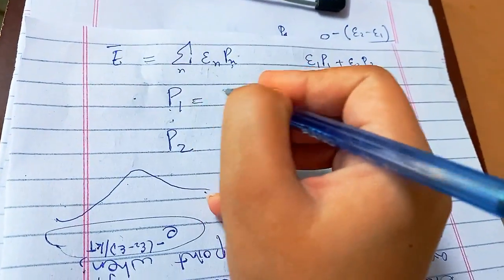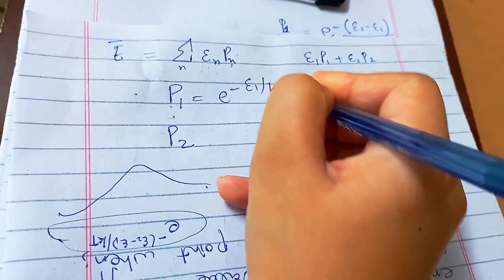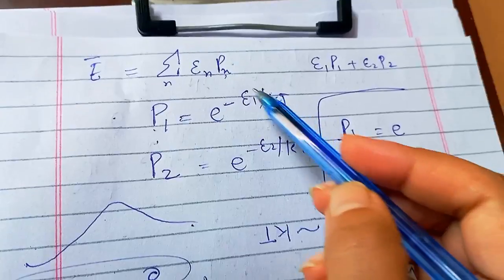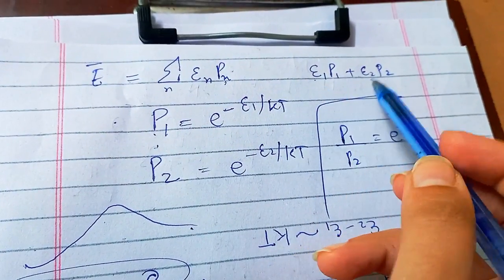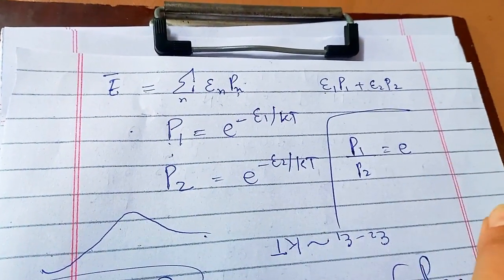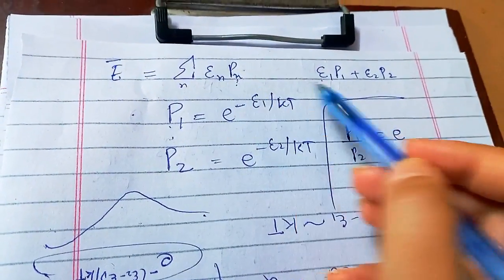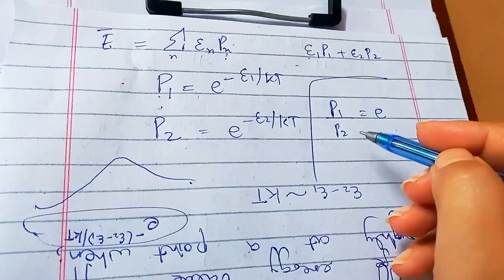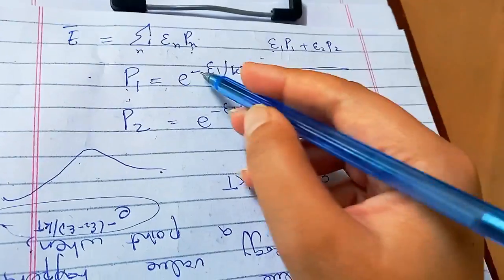And since P1 equals e to the power minus E1 by kT and P2 equals e to the power minus E2 by kT, since the system's energies E1, E2, E3, E4 are fixed, they are not changing, but probabilities could change depending upon the temperature the system is in. Let's find out the comparison of these two probabilities.